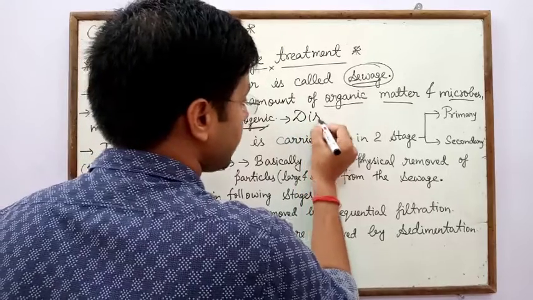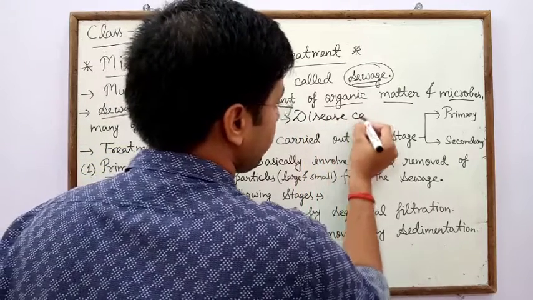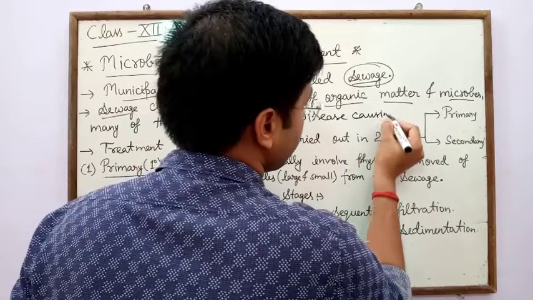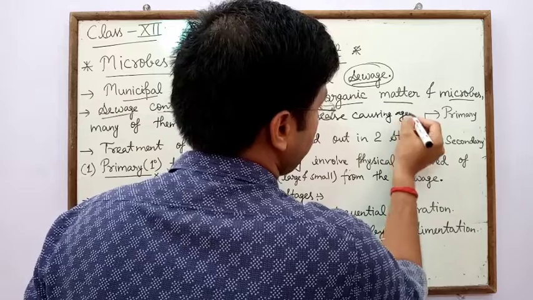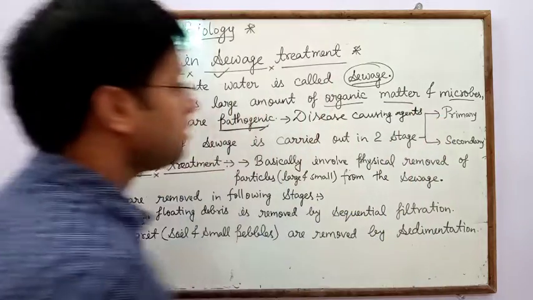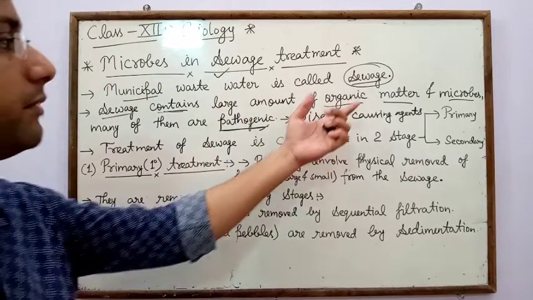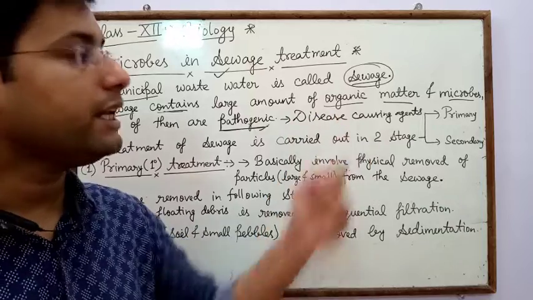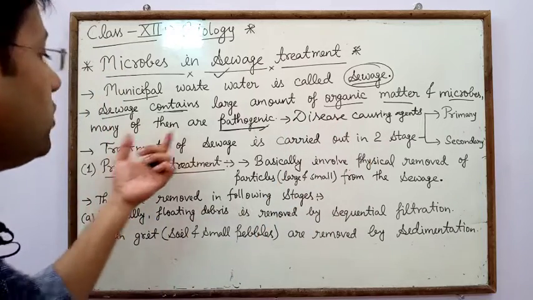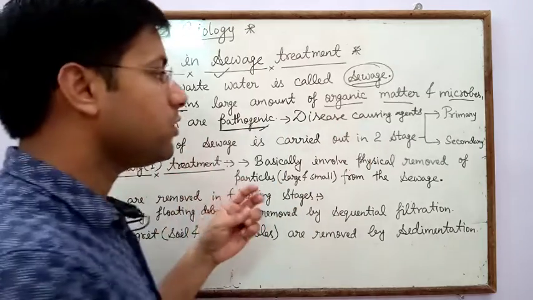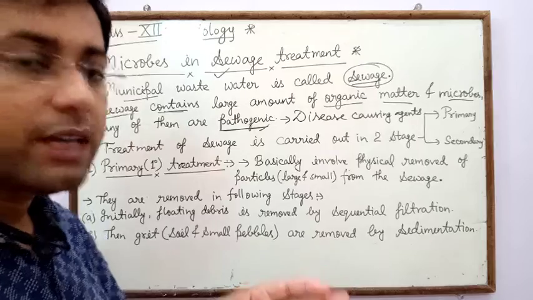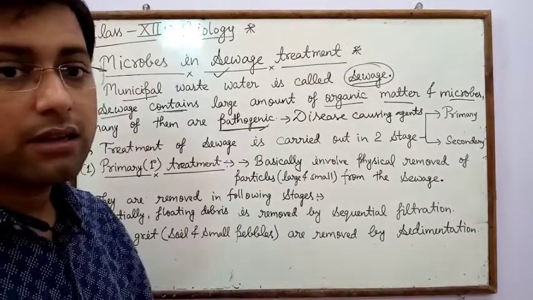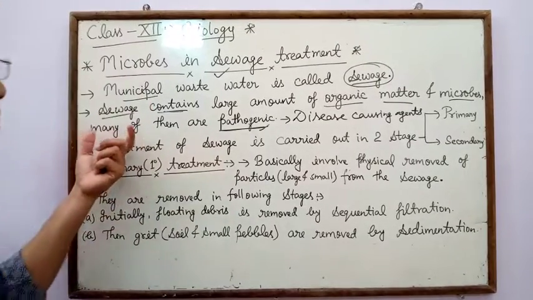Disease causing agents are called pathogens. Many of them are pathogenic because they can cause many types of infection and disease in living organisms.